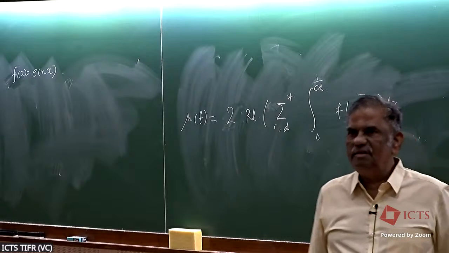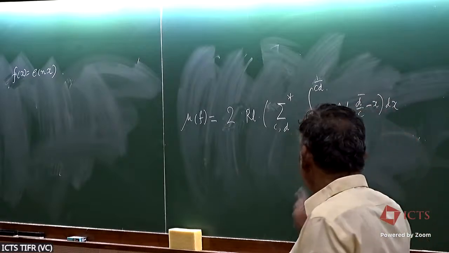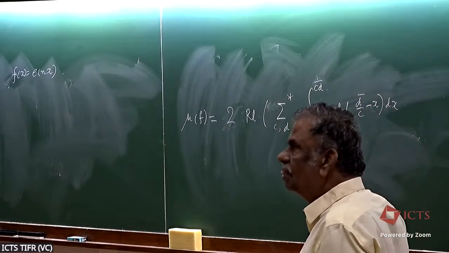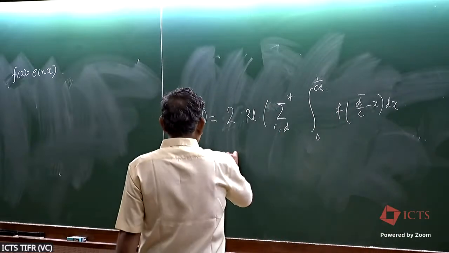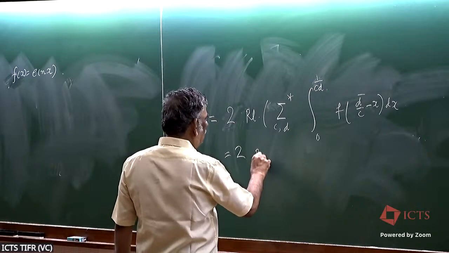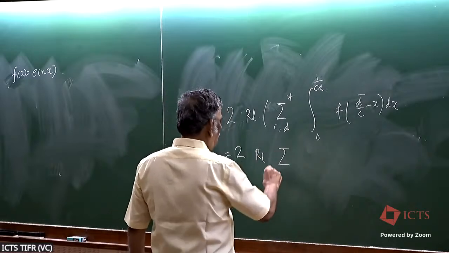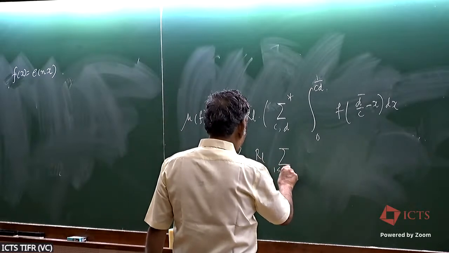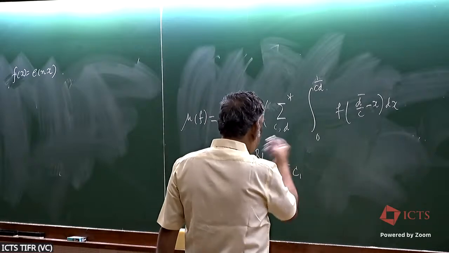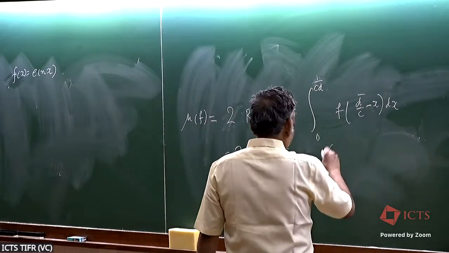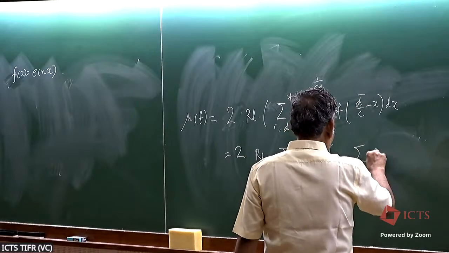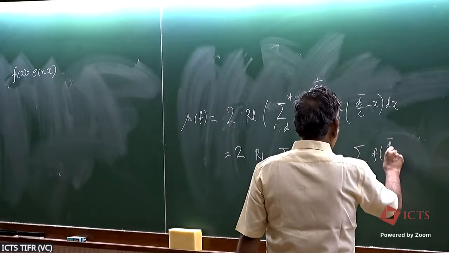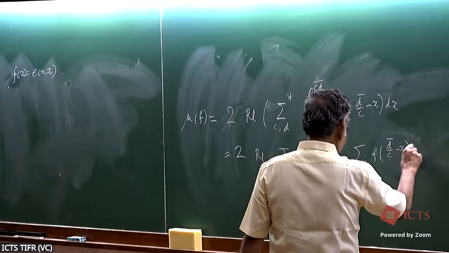And the first thing which I really plan to do is to bring the d inside. Okay, the d inside, how will that change? Therefore, this is equal to 2 times the real part of summation 1 less than or equal to c less than or equal to capital C. The d I am going to take inside, and then I will have f of d bar over c minus x dx.